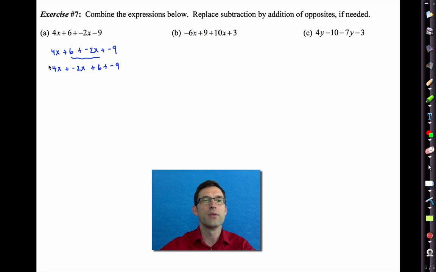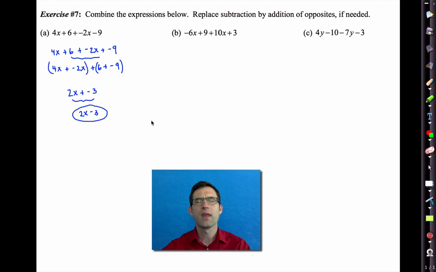Finally, I'm going to use the associative property to group these two particular additions together. 4x plus -2x will be a positive 2x. 6 plus -9 will be -3. And we normally don't leave things this way. We would normally then write it as 2x minus 3.